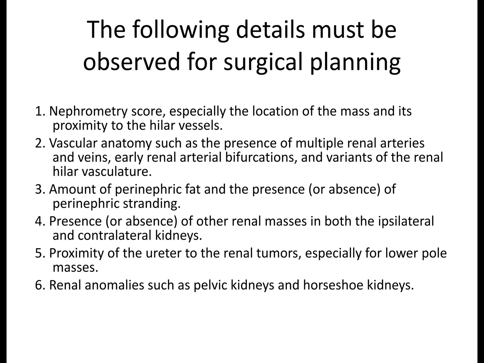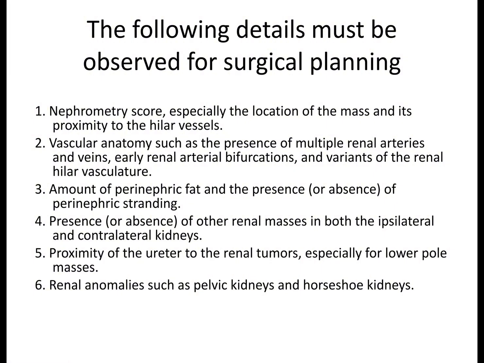Second, it's also important before operating on a patient to have a clear understanding of the vascular anatomy, like there may be multiple renal arteries. The third is the amount of perinephric fat and the presence or absence of perinephric stranding that can make our surgery difficult. The presence or absence of other renal masses is also important.